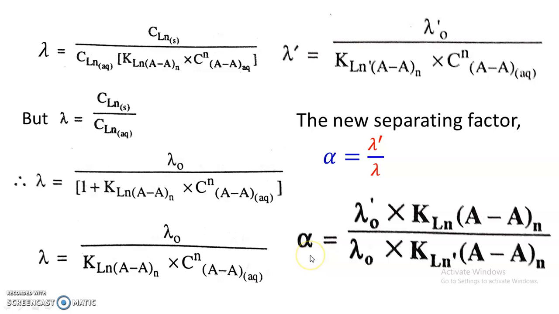In this way the role of the complexing agent is proved in the separation of lanthanide ions. When separation is carried out without a complexing agent it will be very difficult, whereas when a complexing agent is used, like EDTA or citric acid, then separation will be easier.